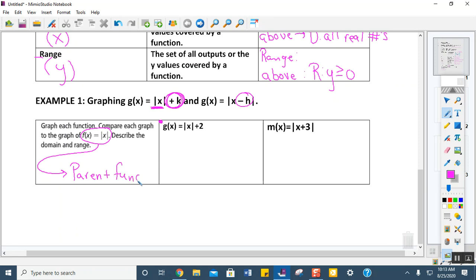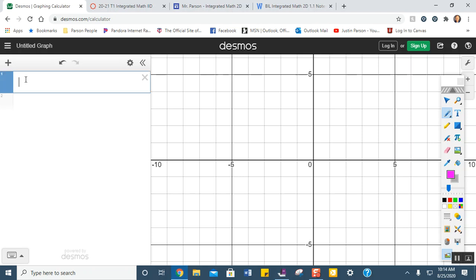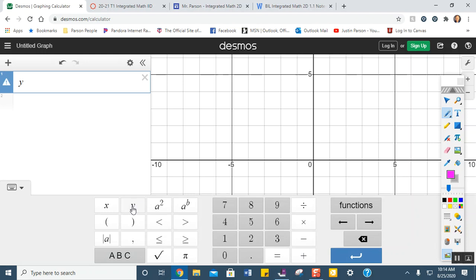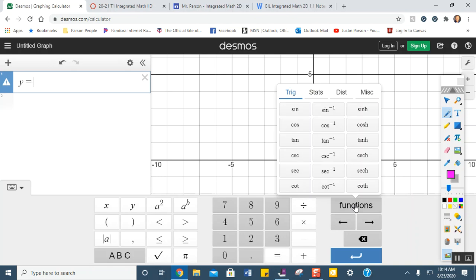And I've got to be honest with you, Desmos is going to be a powerful tool for you guys to use all year long. And I think what I'm going to do here is I'm going to jump into Desmos and I'm going to type in that y is equal to, and then over here you have this functions bar. Click on that.